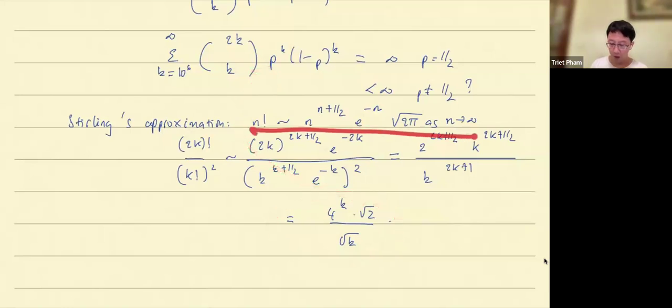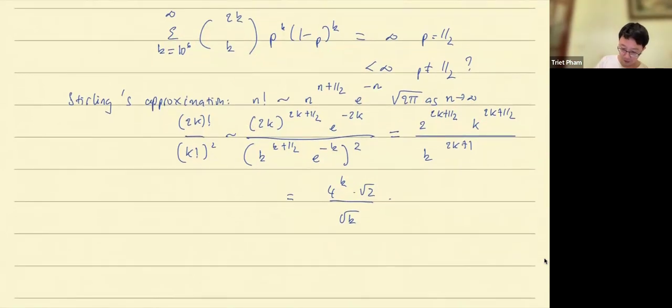It won't be true for small k, but we are free to use it because the convergence doesn't rely on k being small.